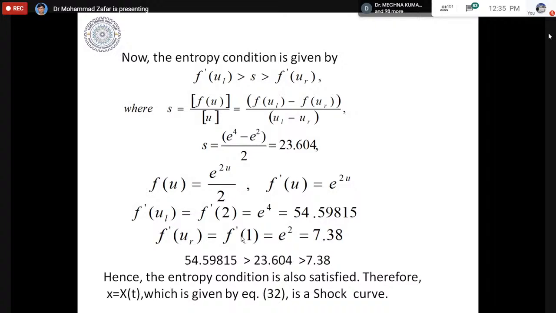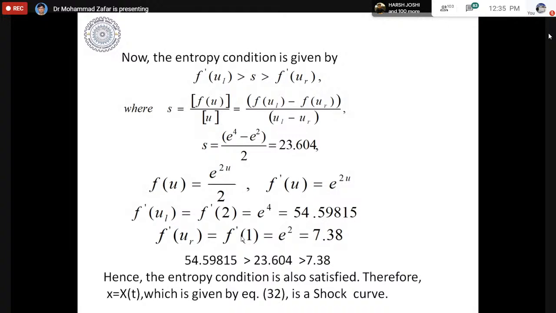So s is, putting the values as we have seen in the last slide, (e⁴ minus e²) upon 2. This gives us 23.604 after some numerical evaluation. Now f(u) is the flux function which we have seen in the PDE. It is e^(2u) upon 2. Its first derivative with respect to u is e^(2u).